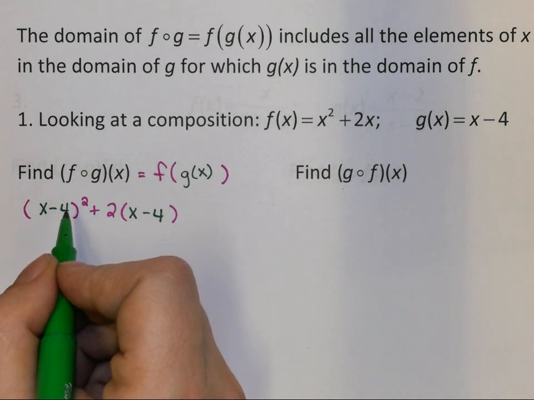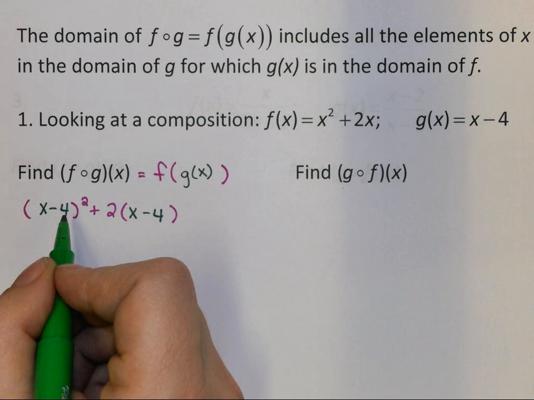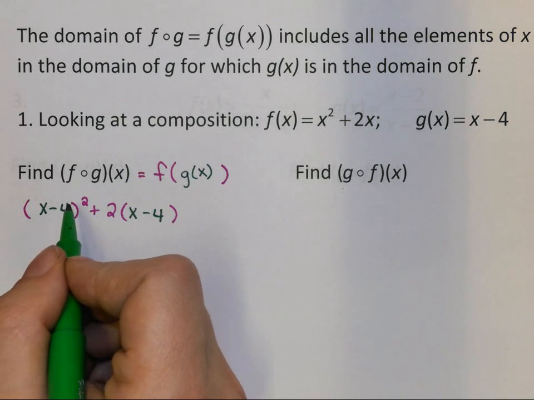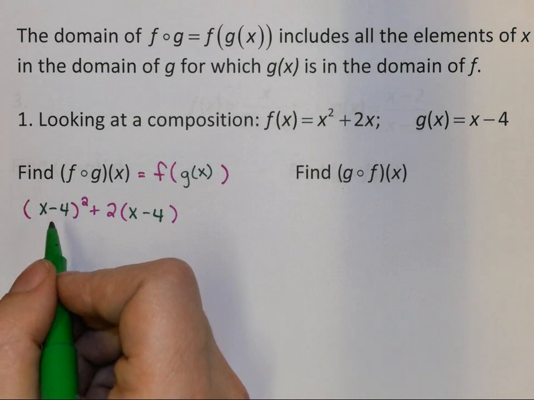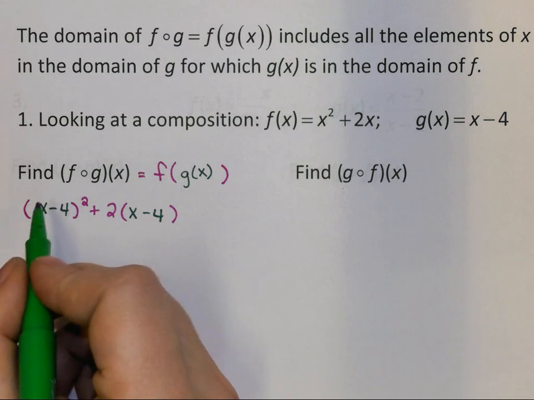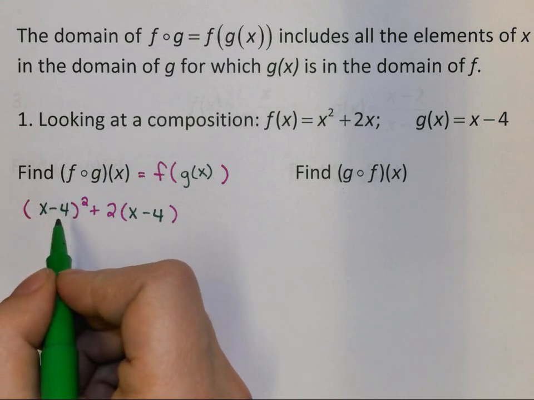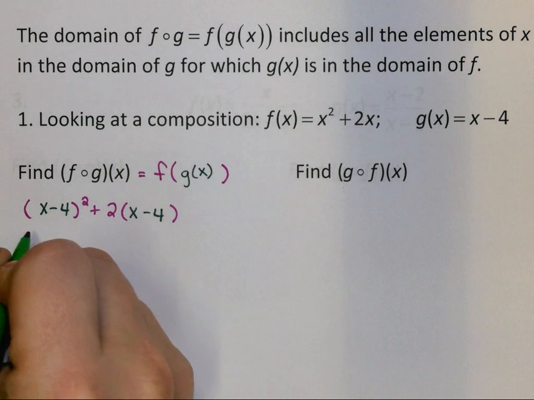Foil! I am going to be very, very hard on you, and you will get very few points partial credit if you tell me that x minus 4 squared is x squared minus 16. You will get no pity from me. Die, problem, die. All right? What does x minus 4 squared work out to be?